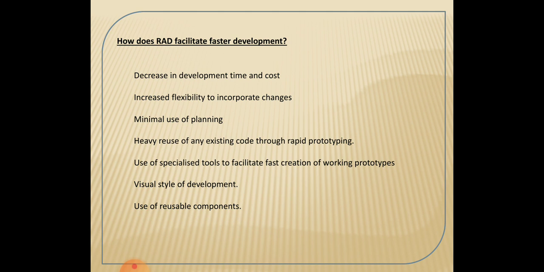So there is minimal use of planning, but there is heavy use of any existing code. The rapid application development model provides heavy reuse of the code. So the lack of long term and detailed planning gives the flexibility to provide change requests. Reuse of existing code has been adopted as an important mechanism of reducing the development cost.